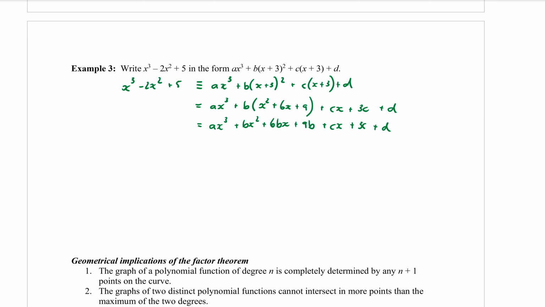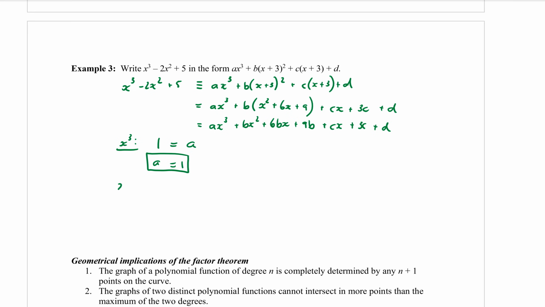Then I can start equating my coefficients, which means I start with the highest power of x, which is the x cubed terms. On the left-hand side, my x cubed has a coefficient of 1. On the right-hand side, my only x cubed term is the first one here, which has a coefficient of a. So a equals 1 is my first pronumeral found.